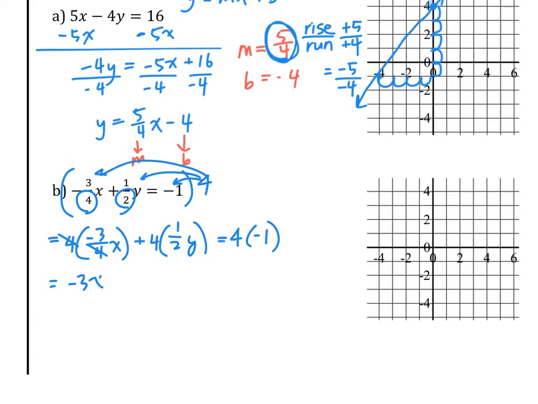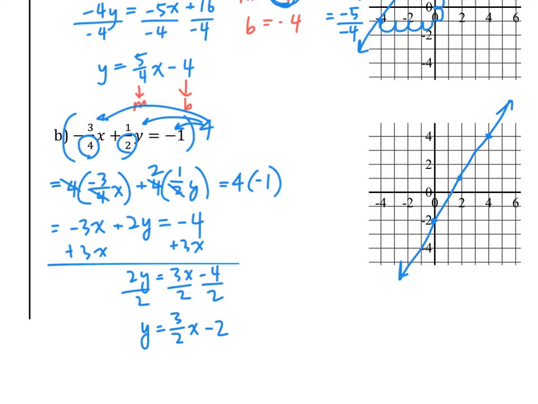We get negative 3x. Plus 4 times 1/2 y, that's going to cancel. We have a leftover 2 there, so that's going to be 2y. 4 times negative 1 is minus 4. Okay, so now go ahead and finish this problem. You want to get into slope-intercept form, find the slope, find the y-intercept, and then graph.